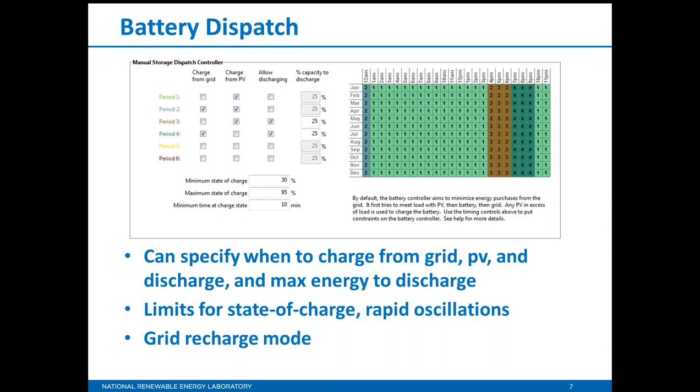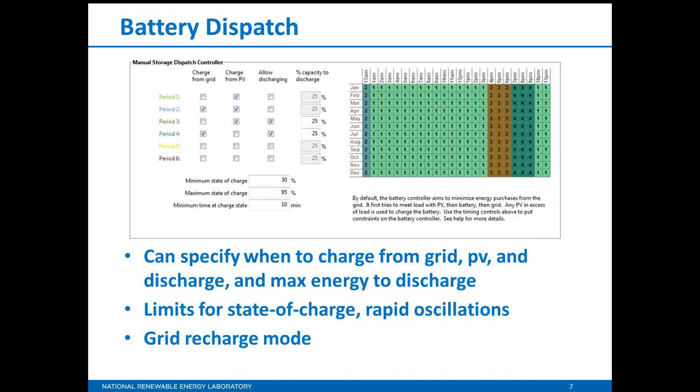The battery controller and the PV model can run down to 1-minute time steps if you have weather data and load data at those time steps. This minimum time at charge state allows you to reduce rapid oscillations between charging and discharging.